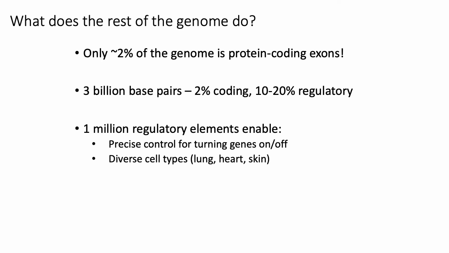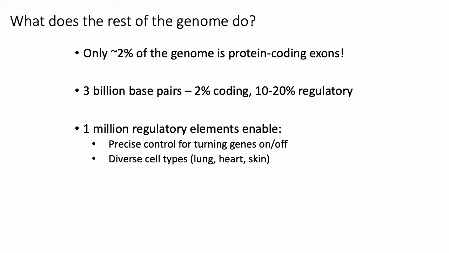I want to take a few minutes now to review the basics of transcriptional regulation. A really important point is that in the human genome, as well as most complex genomes, only about 2% of the genome actually codes for protein coding exons. Obviously that means that 98% of the genome is non-coding.